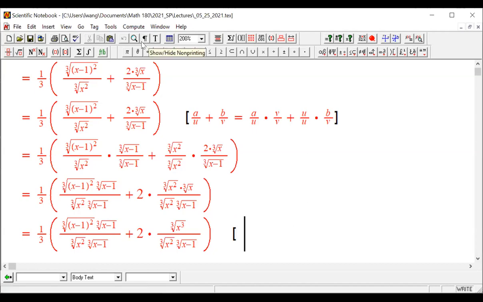Remember? Three x raised to the power 3. Or root 3, they are always the same. Power 2.